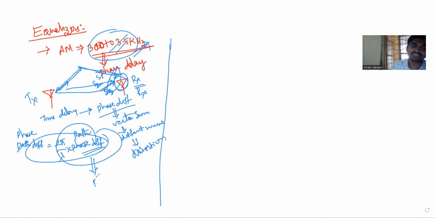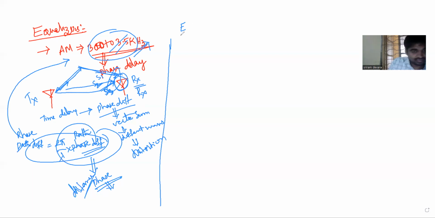If the phase changes, then the vector sum also changes. We'll get phase distortion here. To avoid this, to provide a uniform phase over the entire working range of frequency, we have to use an equalizer. So there are two types of equalizer: amplitude or attenuation equalizers, and phase or delay equalizers.